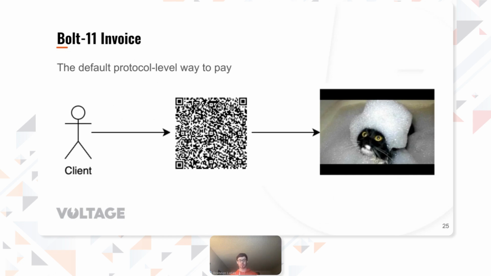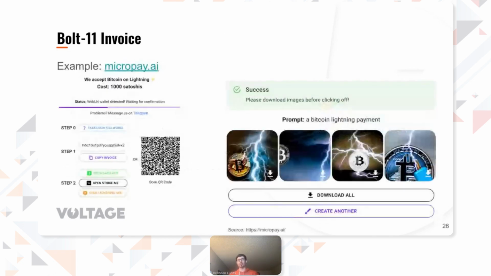So it's pretty straightforward. One example I'll use, and this is one of many examples, since this is the base layer upon which almost all other Lightning payment methods are built right now. You'll see this on most sites. But one example I like is micropay.ai.